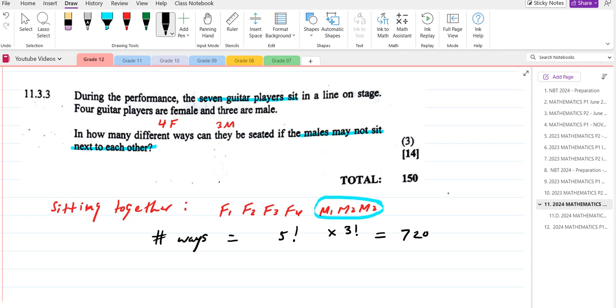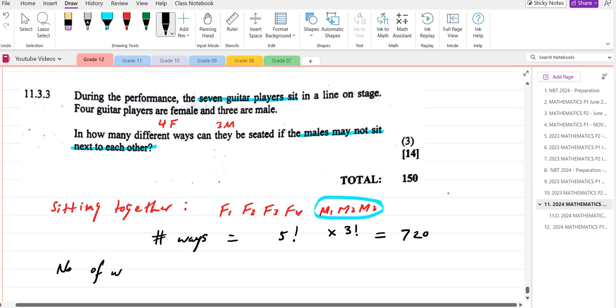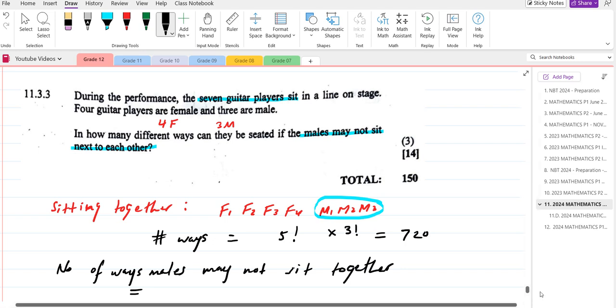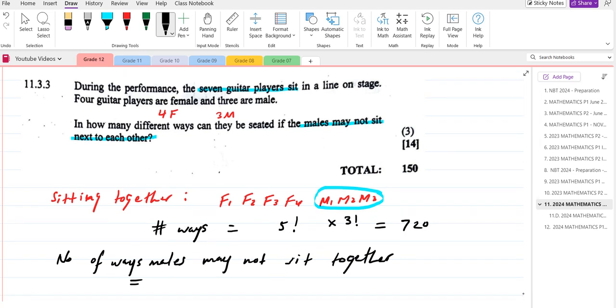Now the number of ways males may not sit together is equal to the total number of ways that they can sit, which is 7 factorial. That's the total number of ways.